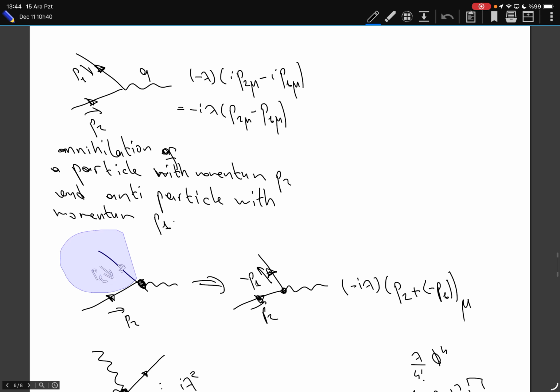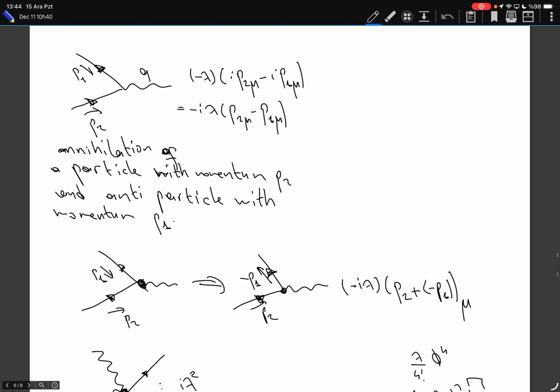For example, here I have a particle with momentum p1 coming into my vertex. I can say that an antiparticle with momentum p1 coming into my vertex would be the same thing as a particle moving away from the vertex with momentum minus p1. All four components should change sign, including the zero component.